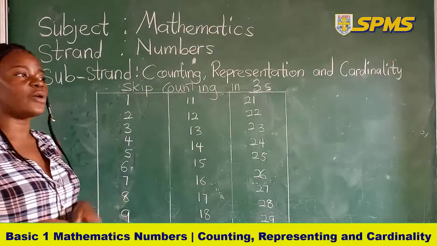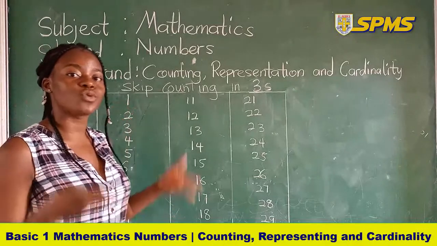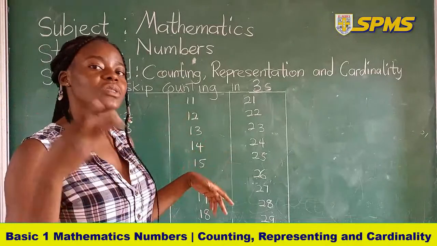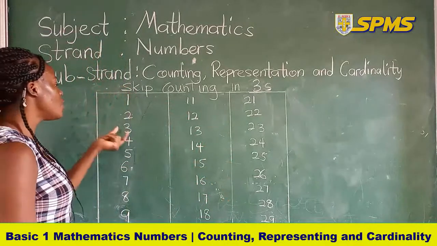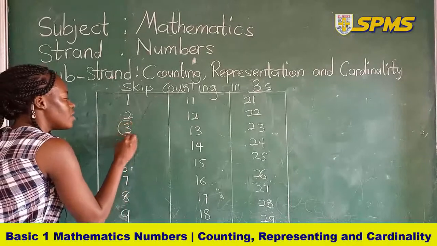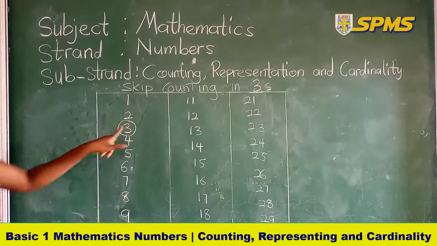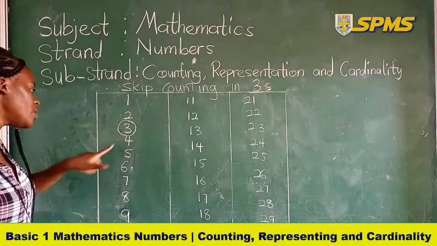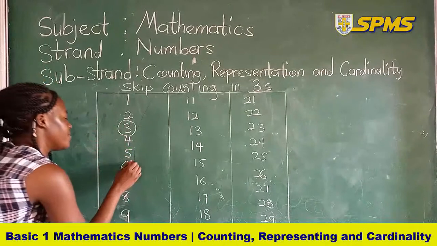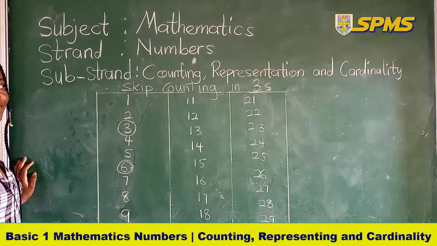As we did earlier on, we are going to count. This time around, we are not going to skip in 2. We are going to skip in 3s. So let's count. 1, 2, 3. So it means you are going to circle 3. The next one, you will start from 4. 1, 2, 3. Next number will be what?